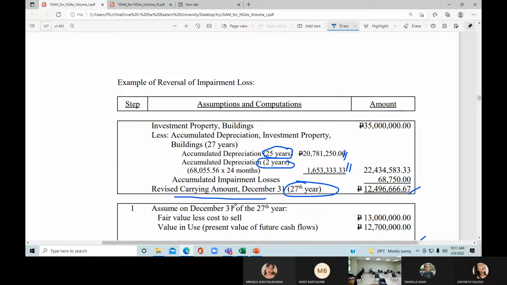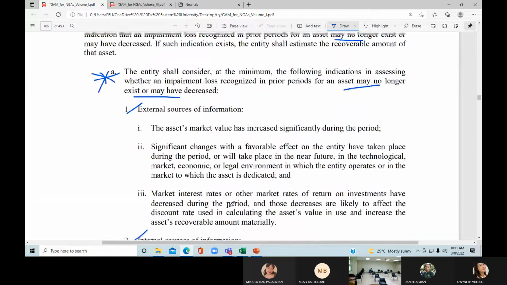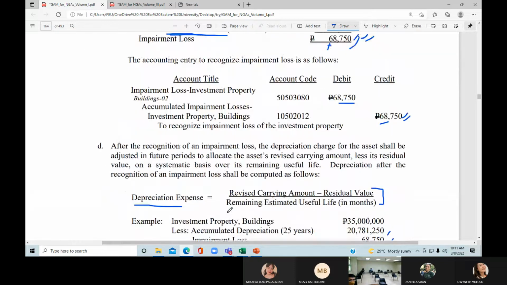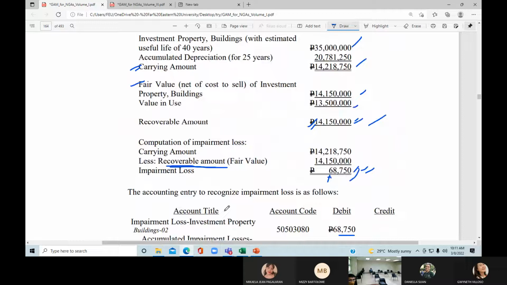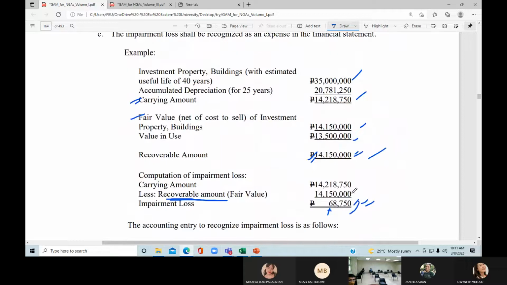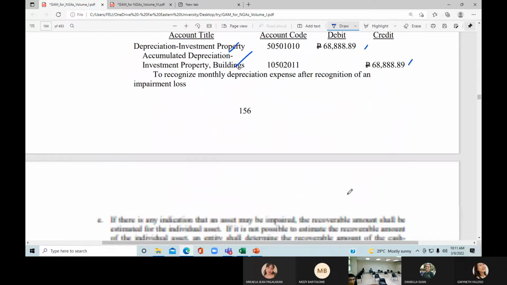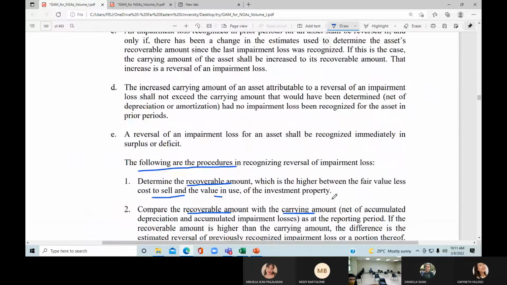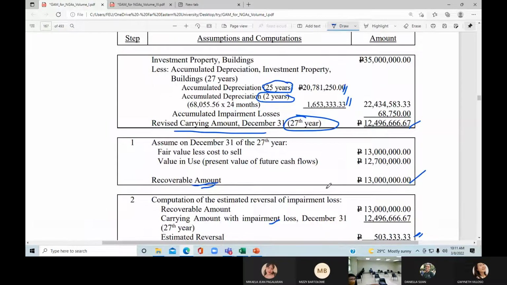Kasi dati, yung recoverable amount mo, bumaba siya, naging 14,150. Baka after 2 years, bumalik na siya or tumaas na siya.